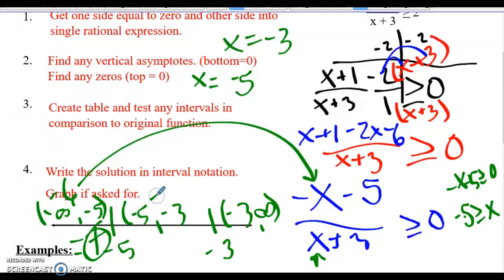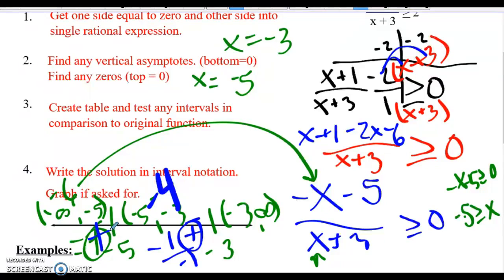Let's go negative 4 in here. Negative 4 gives me negative 1 over negative, so that gives me a positive.